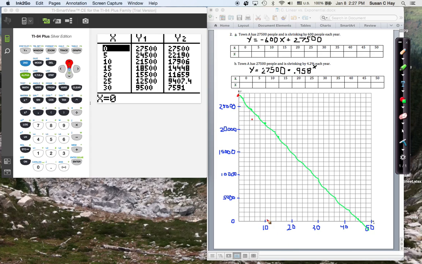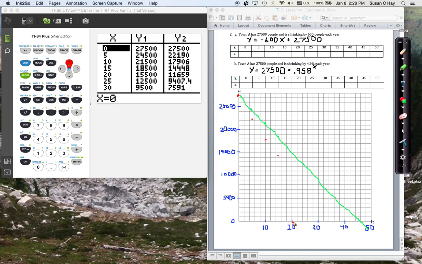It's always approximations. At 10 years, it's 17,979, so 15, 16, 17, 18, that's going to be right there. At 15 years, it's 14,400, right about there. At 20 years, it's 11,600, about there. At 25 years, it's 9,407, so 10,000, 9,000 is here, 94 is right about there.